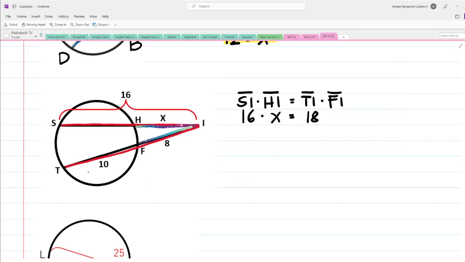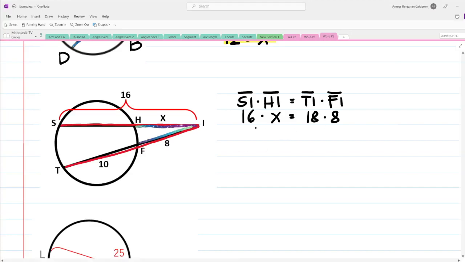Why 18? Because segment TF is 10 and segment FI here is 8, so the whole segment TI is 18, times 8. Next, we multiply everything.